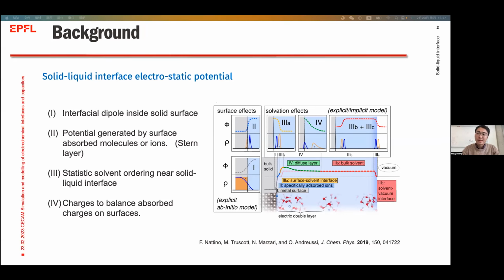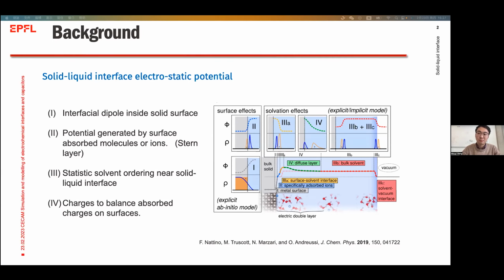So the electrostatic potential changes a lot with all these effects, and we also have electrochemical potential when we want to simulate diffusion or chemical reactions.